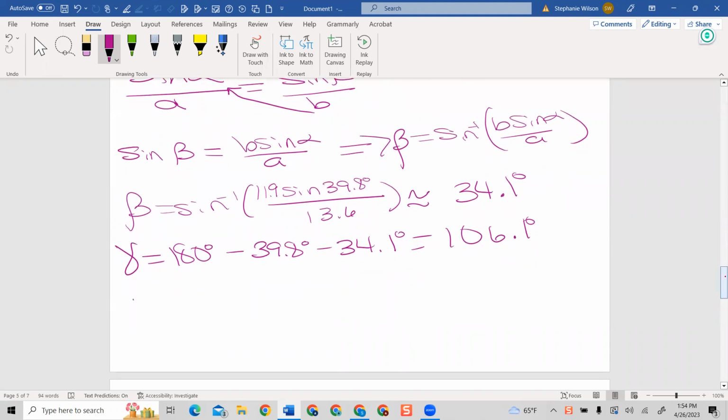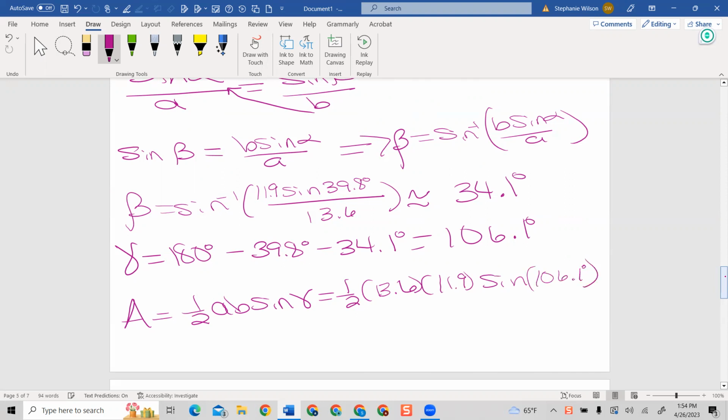So the last part now, let's find the area. So I get A is equal to half of AB sine of gamma. I chose this one out of all the area formulas for this section because I know what A and B is. We were given A and B. We got 13.6 times 11.9 sine of 106.1 degrees.